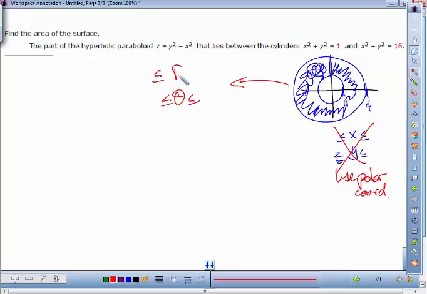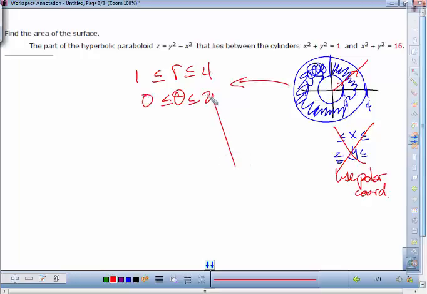Most of the time we're going to have r go first, and theta would just sweep around as constants, because r has more of a chance of being a function than theta. So r is going to go from a radius of 1 to a radius of 4. And then theta goes from where to where? 0 to 2 pi. Okay?